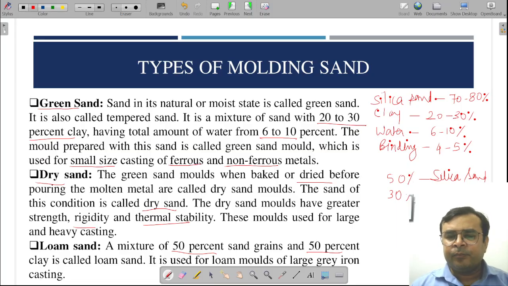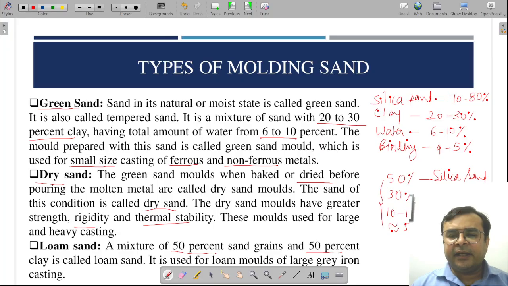And around 10 to 15% we add water, and the rest, around 5% approximately, we add some binding agent.